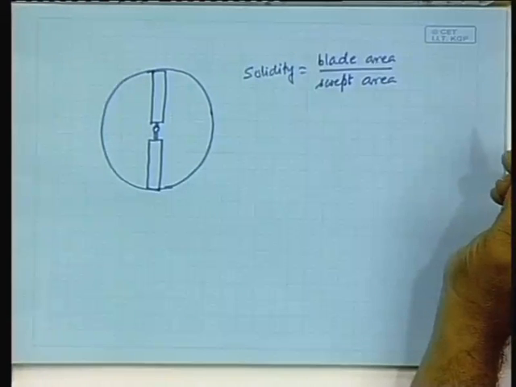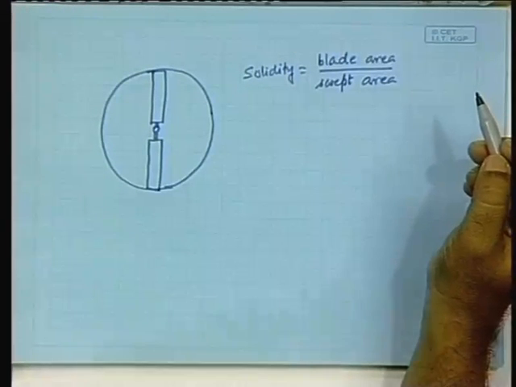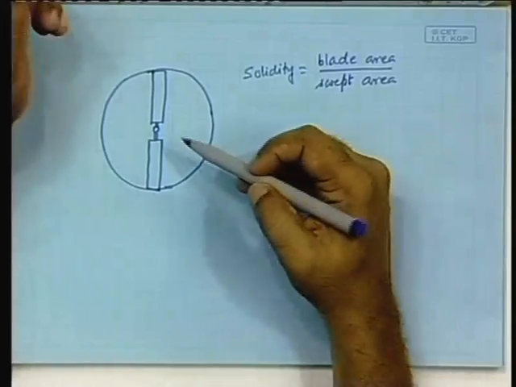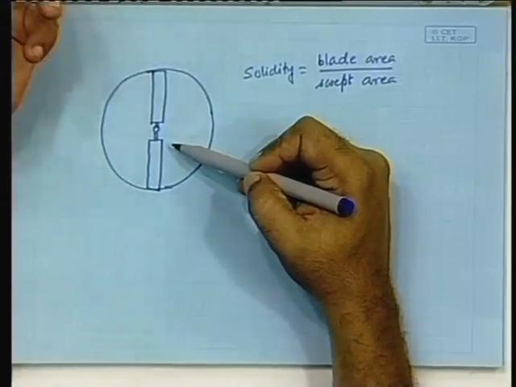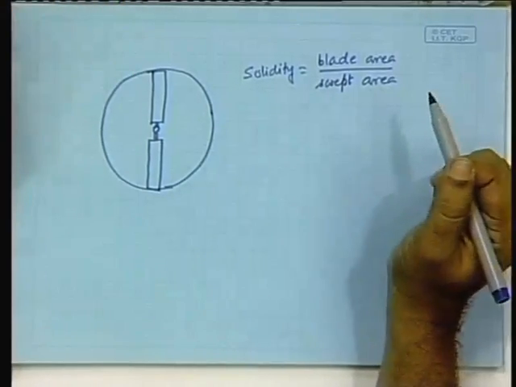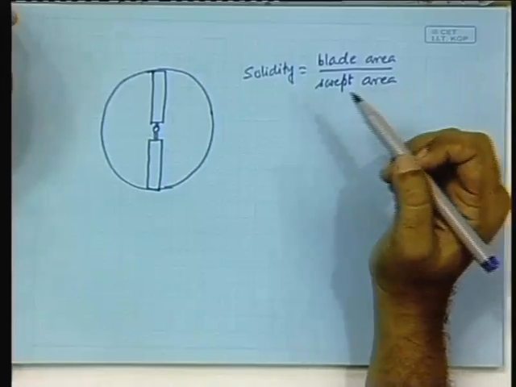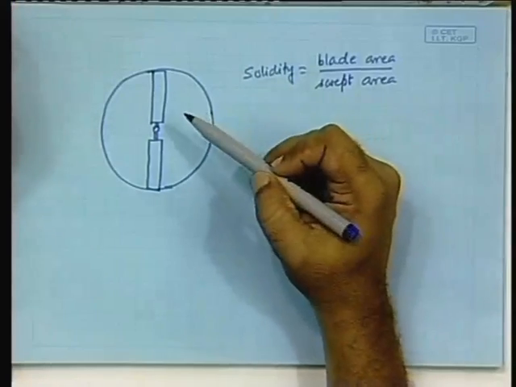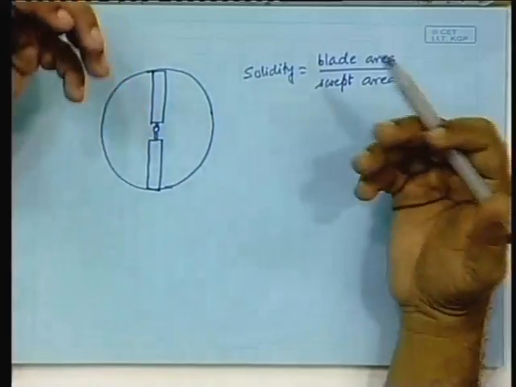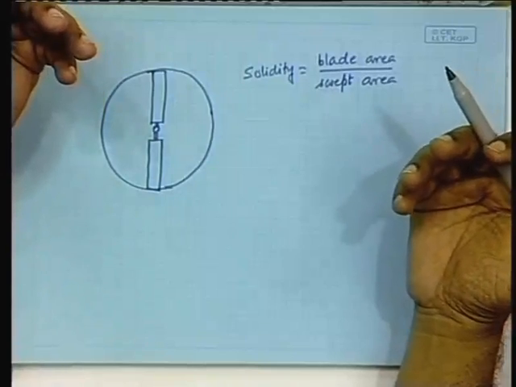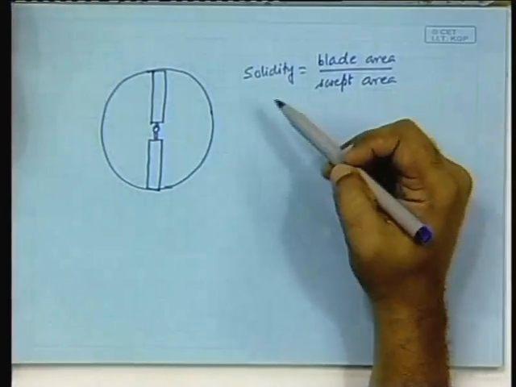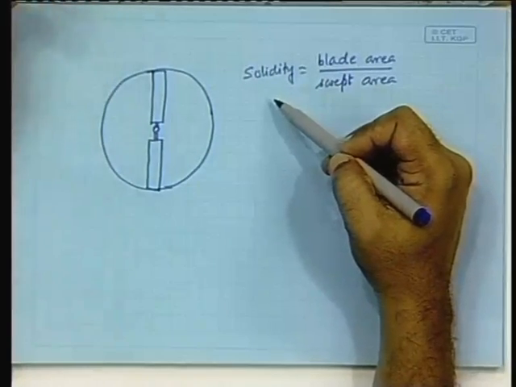It is easy to understand that for a small number of blades the solidity will be low, for a high number of blades the solidity will be high. In general, when you require more torque and low speed, you use a high solidity rotor.